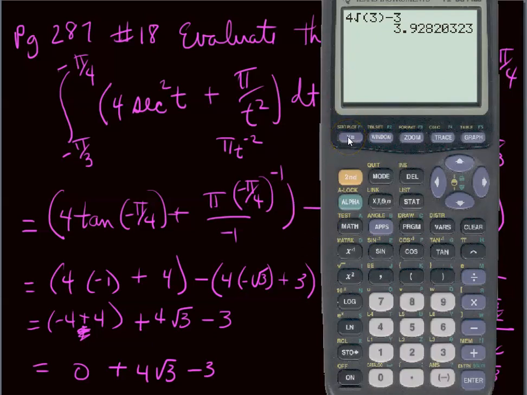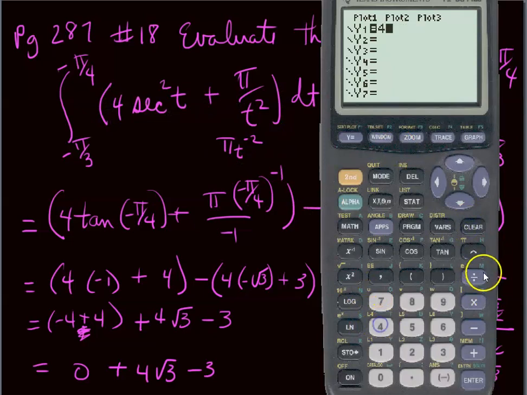When you put in this y equals, we don't have secant, so this is going to be 4 divided by the cosine. Put this in parentheses, cosine of x. I think this is going to work without the extra parentheses, so don't put that first one in. We can put the square outside here, and it will square this whole cosine x. Oh, but I'm sorry.